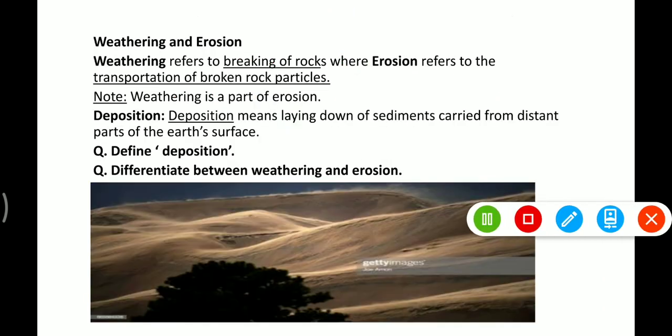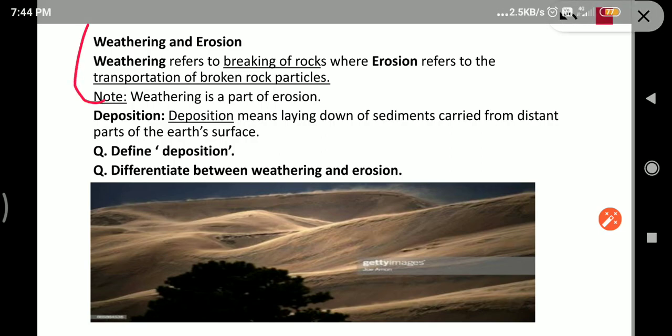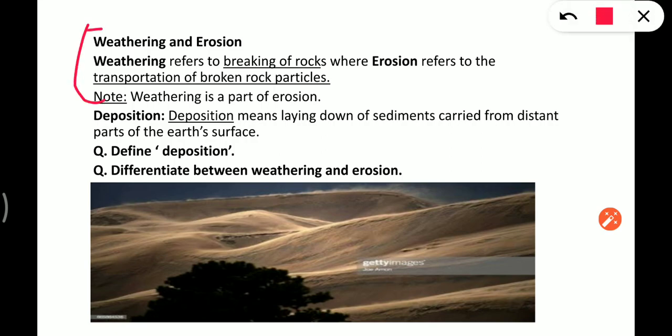Now this is not actually in your syllabus, but I have put it here because most of the time students or people get confused. They think that weathering and erosion are the same thing, but actually they are not. Weathering is a process that breaks rocks into pieces, and erosion refers to transportation of broken rock particles.